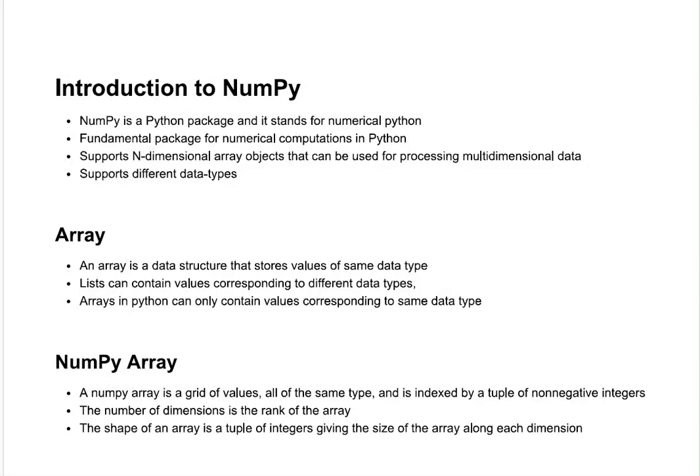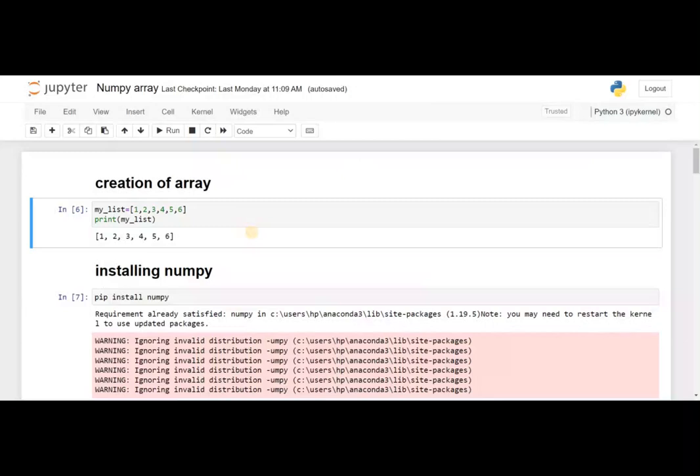Now let's see some practical aspects of NumPy: how we install NumPy in Anaconda Jupyter Notebook, how to use NumPy, and the various things that we have discussed, that is rank and shape. So let's do some practical work with NumPy. There are several ways to create arrays.